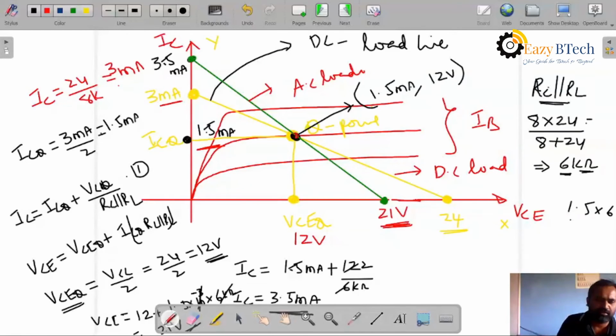The operating point is not shifting, it is at exactly this point. If the operating point shifts up and down, you cannot get faithful operation. Noise can be built within the circuit. Okay, students.